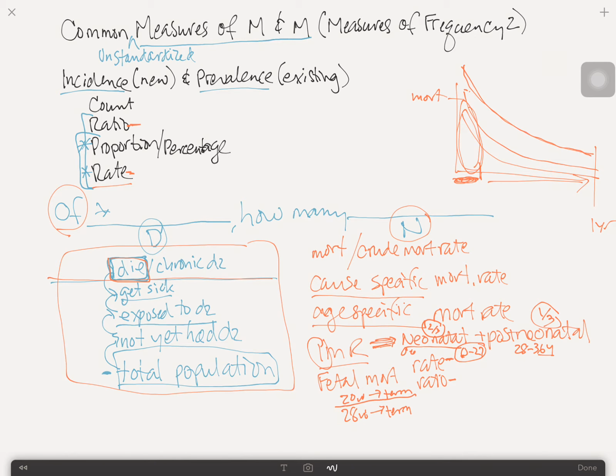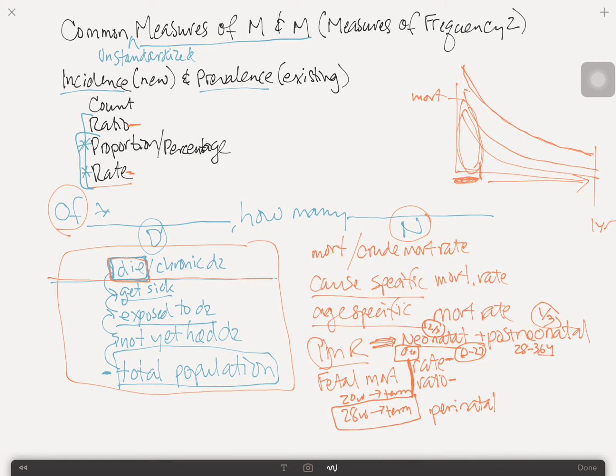This part right here, this 28 weeks until what would be considered full term, plus the early neonatal time period, that combination, that time frame, is really a reflection of the quality of the healthcare system that the mother and the baby are living in. And so we call that by a special name, that's called perinatal.